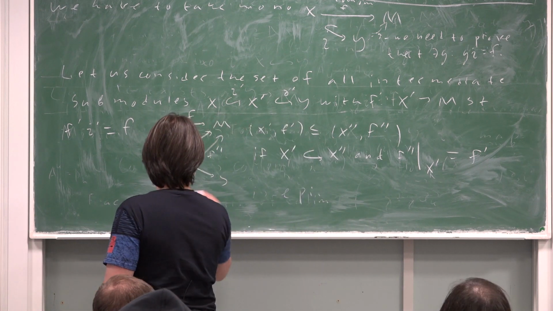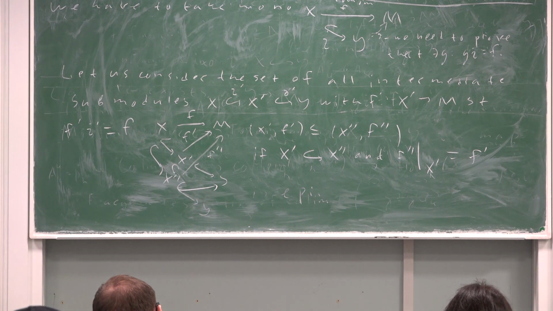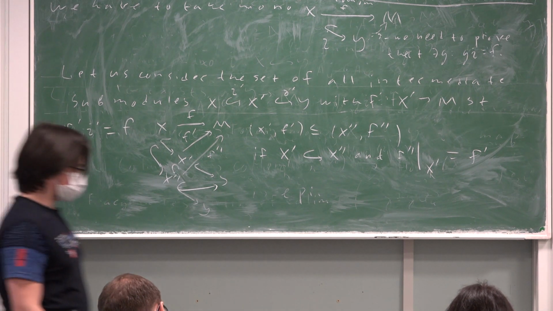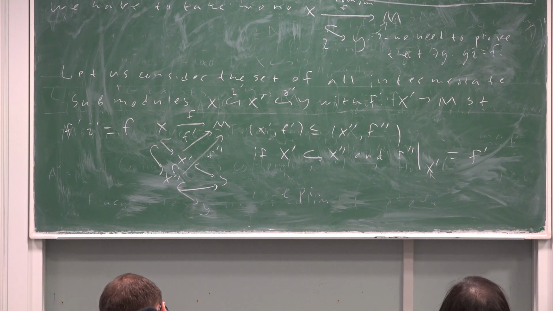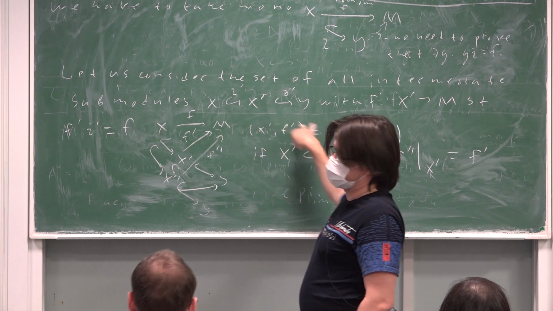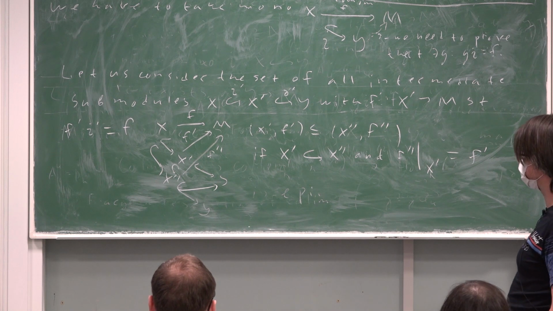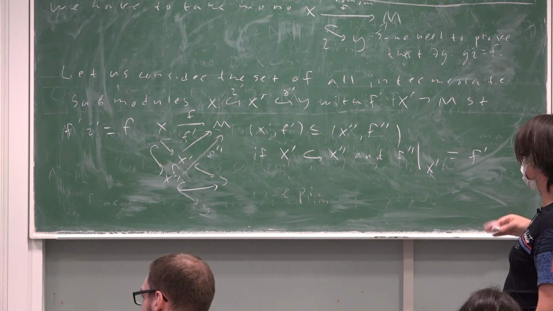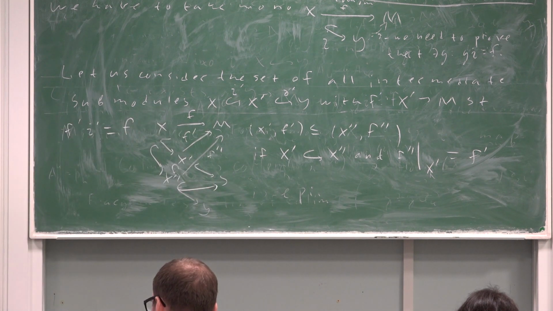Well, it is clear that the set of such pairs x prime, f prime satisfies the condition of Zorn's lemma.